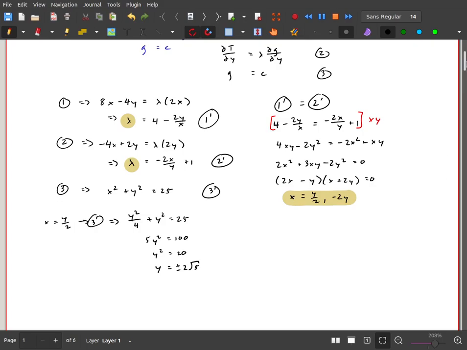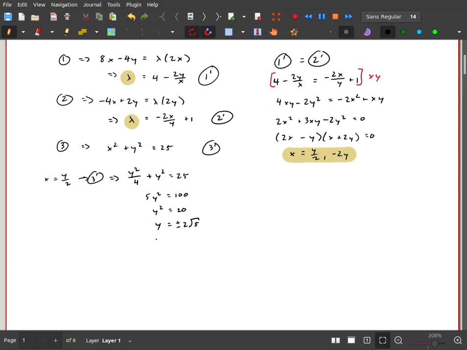Then if I substitute that back in, I will have x equal to plus or minus root 5. So for the first value, I have two possible solutions: root 5 and 2 root 5, and minus root 5 and minus 2 root 5. So two values that we'll check later, once we have everything.